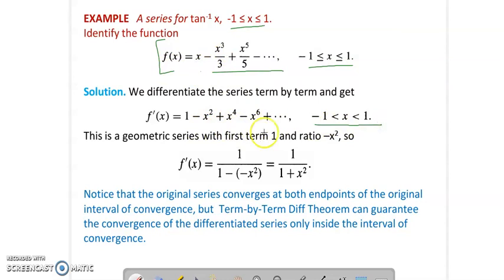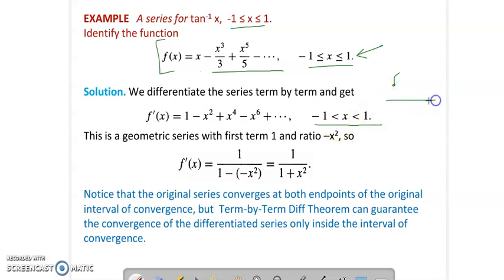-1 and 1. Now see here, in the given problem we had x lying between -1 and 1 where -1 and 1 are included, and here we have written x lies between -1 and 1. Now why this one? Why are the endpoints not included? Because the term by term differentiation theorem can only guarantee the convergence in the interior of the interval.